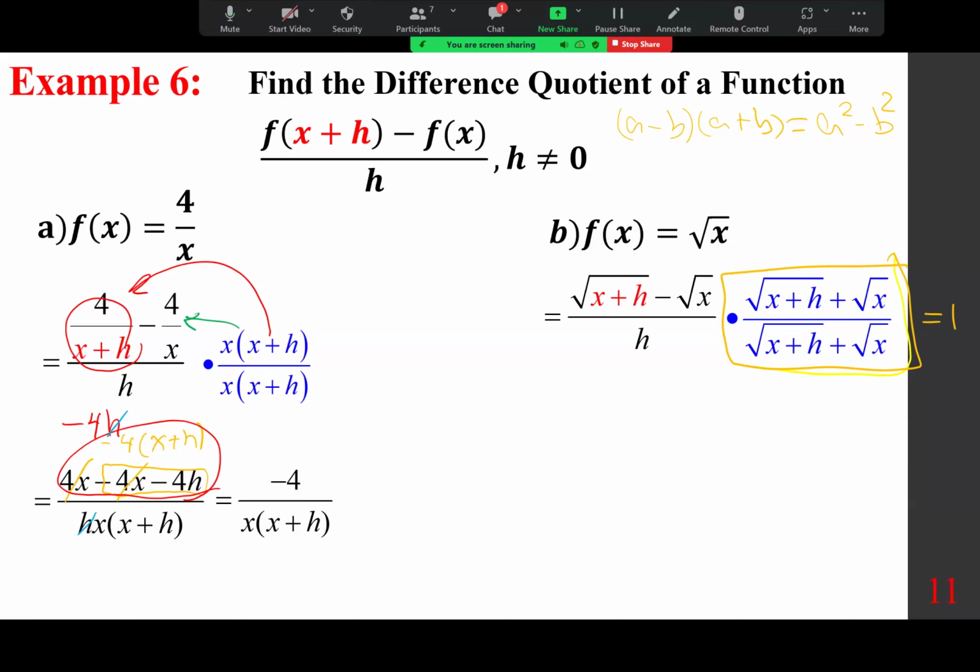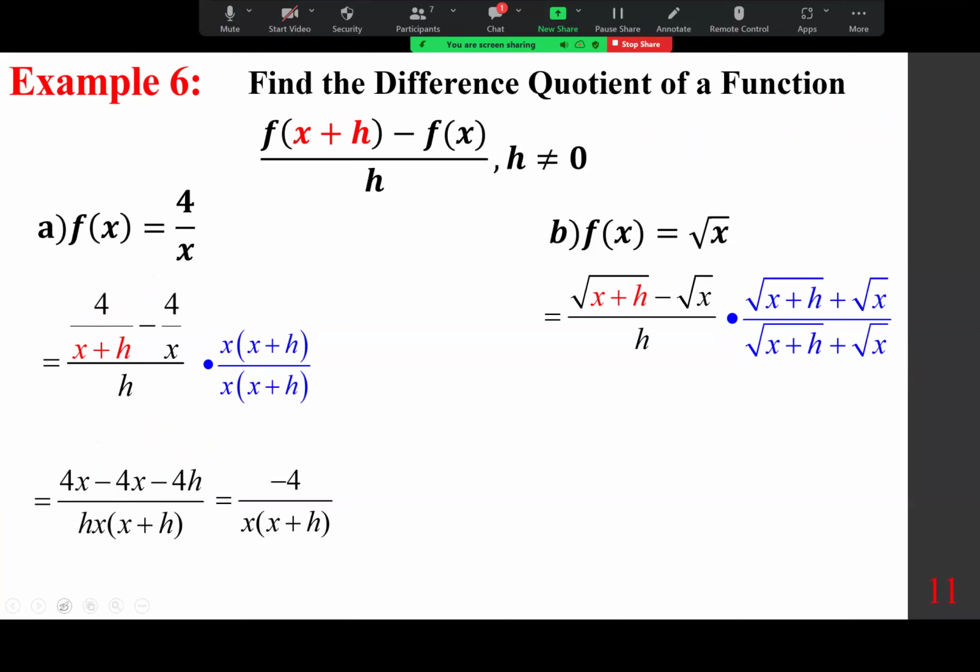So what happens, you keep the denominator intact as a product of h and square root of x plus h plus square root of x. And now the numerator, let me just erase and show you what we are going to do.